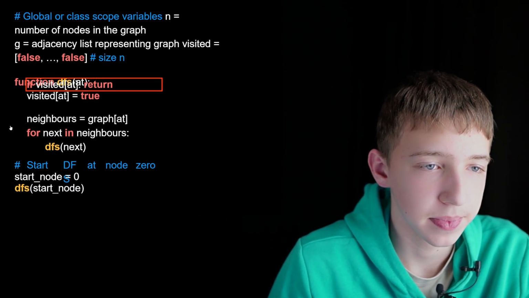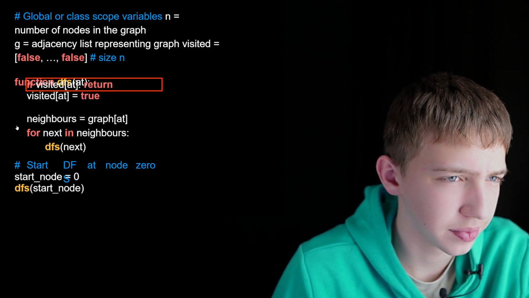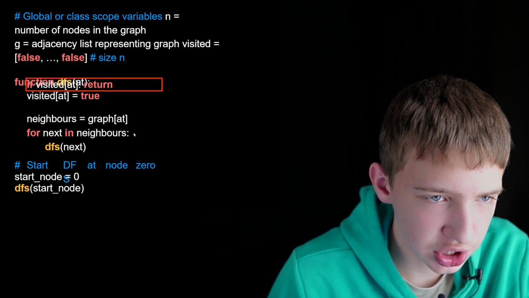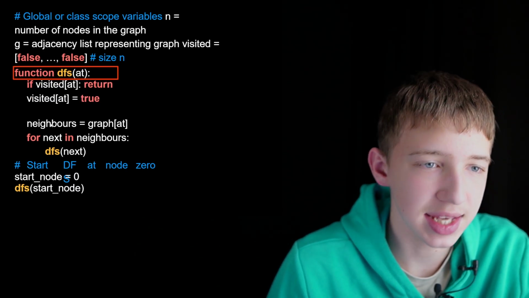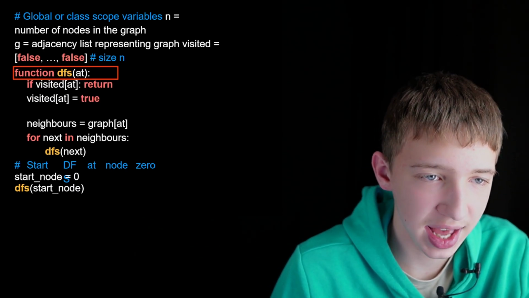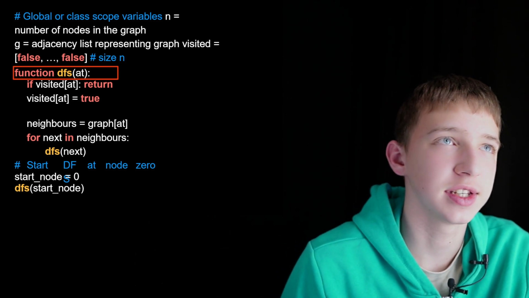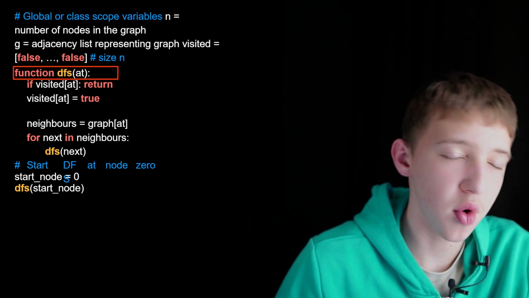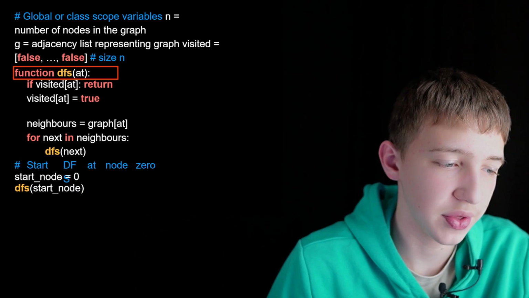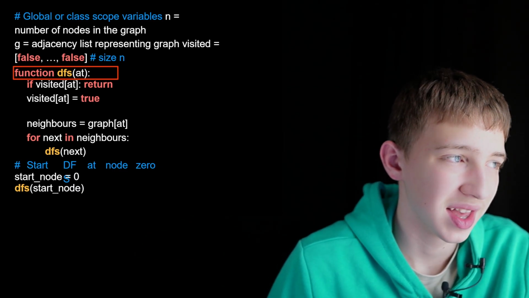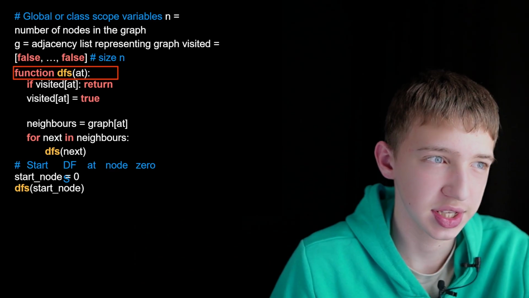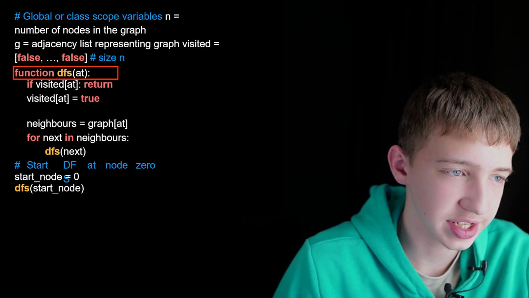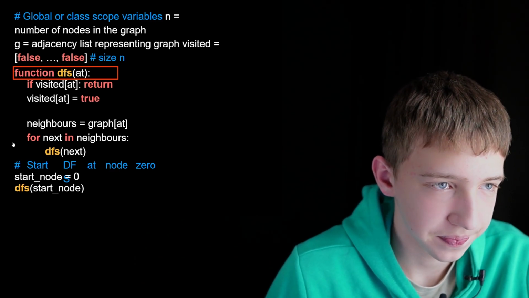Now the block of some logic: if the node we're currently at has been visited previously, that means we're returning. That means there is a cycle, if this is a directed graph, there is a cycle in the graph.